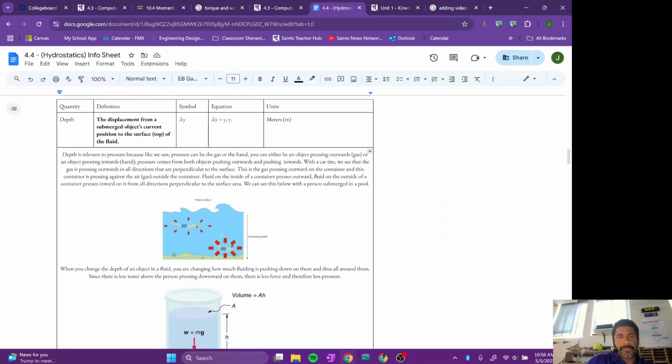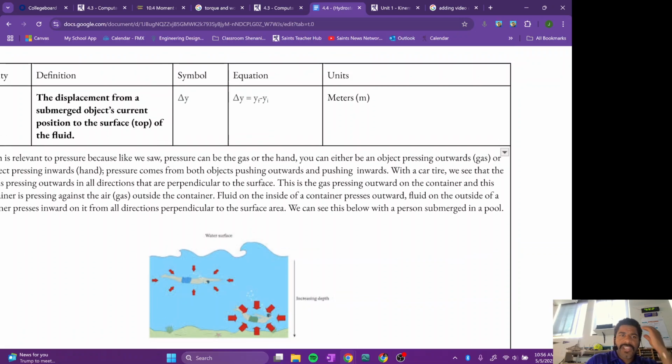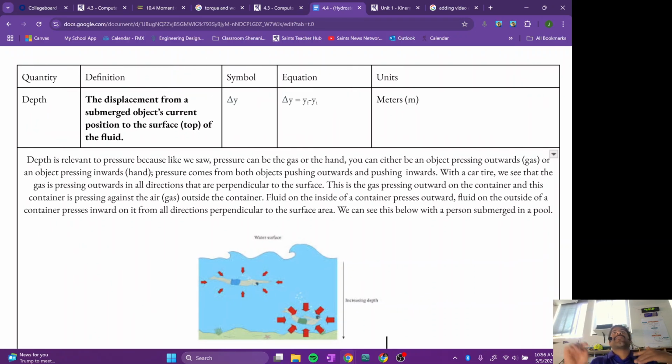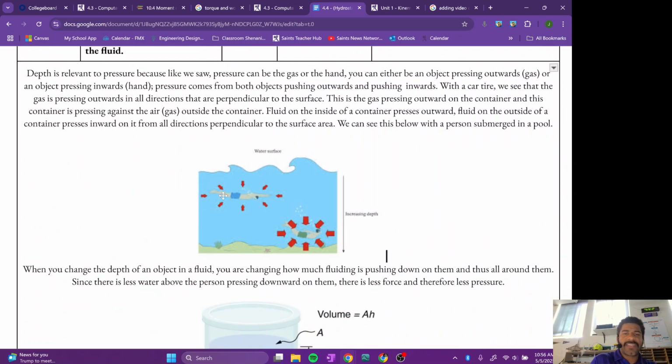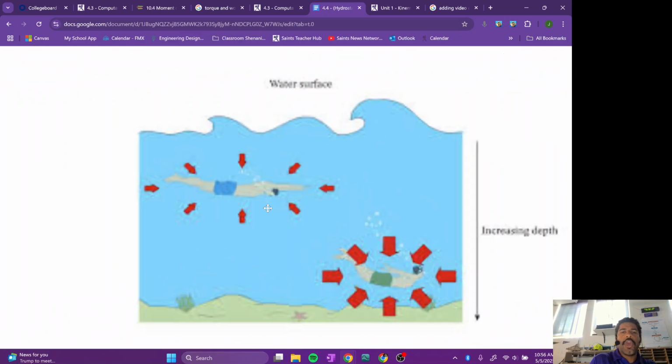So we're going to talk about depth and how that relates to pressure. If you place something inside a fluid, think of yourself as the gas inside the tire. You have a bunch of fluid on the outside, and all this fluid is like a bunch of little needles poking you.